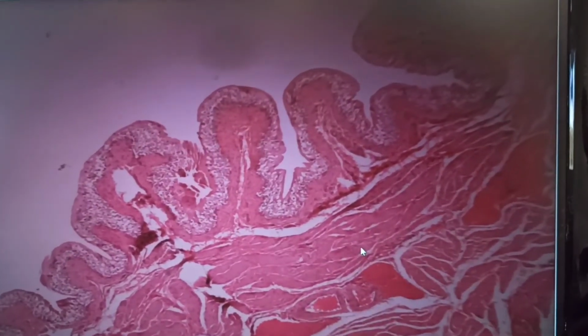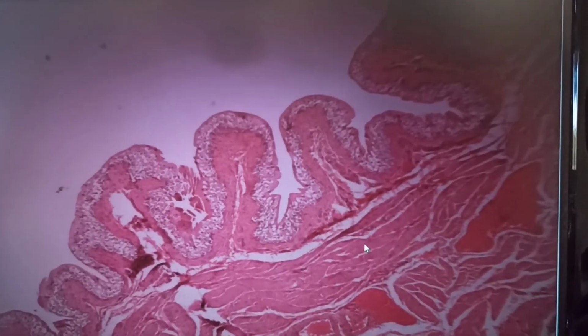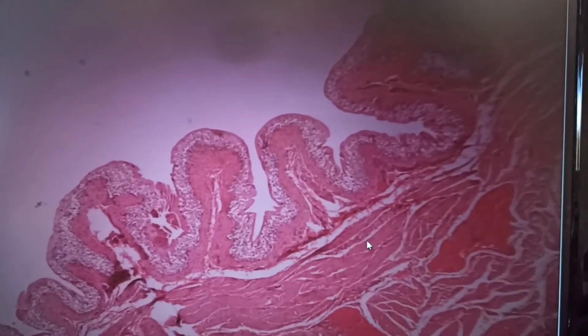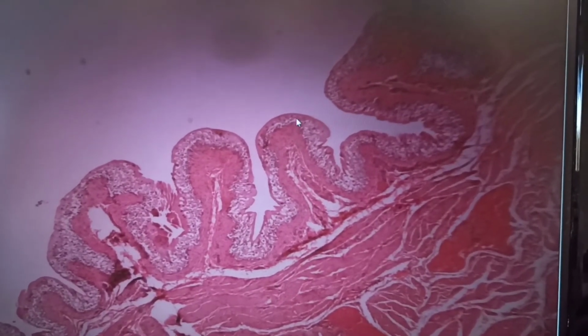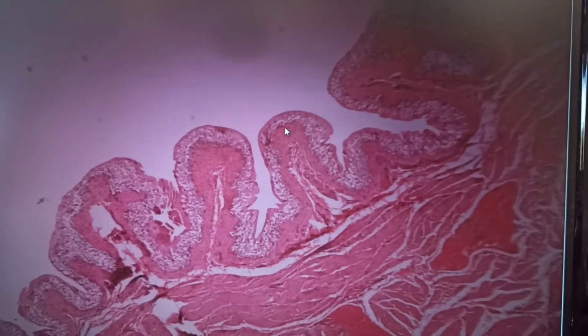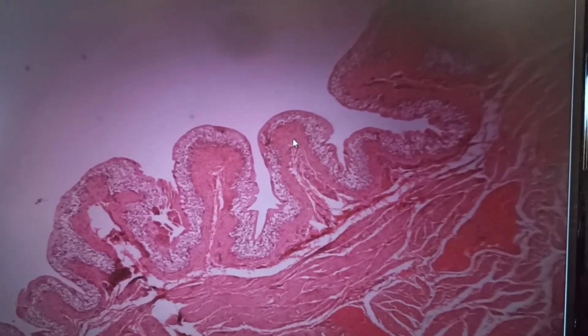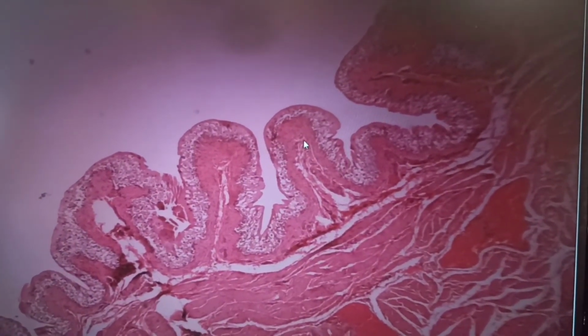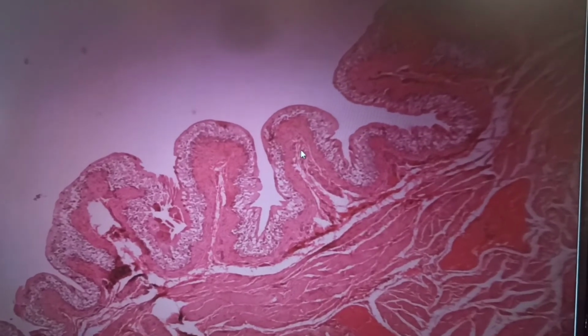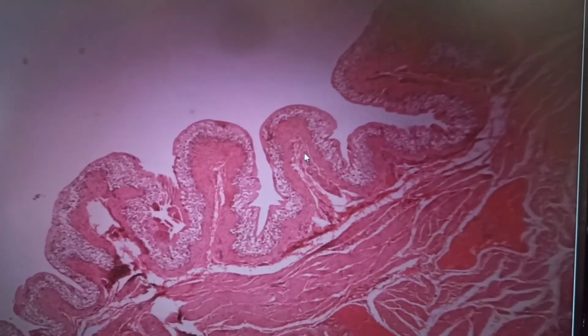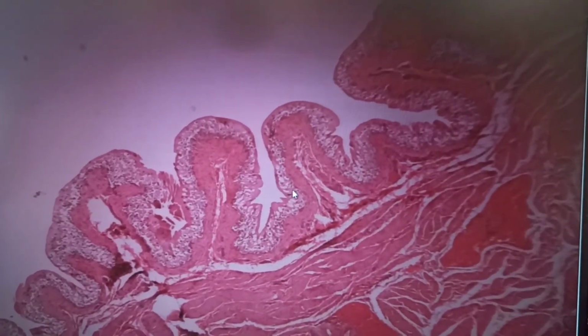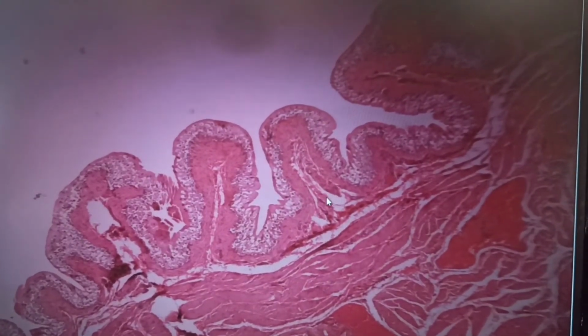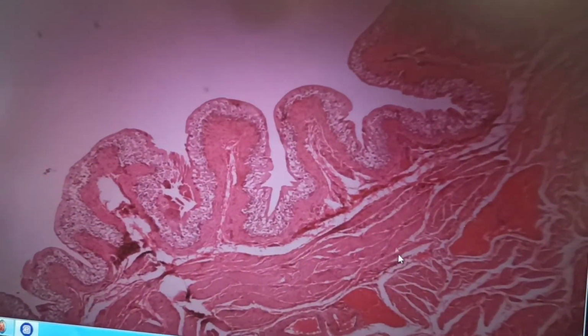So I begin again from the surface. You can see the epithelium, then lamina propria, and also in the wall we have the submucosa. This part is the submucosa, a light area. Again, epithelium, lamina propria, submucosa, and the muscular layer.